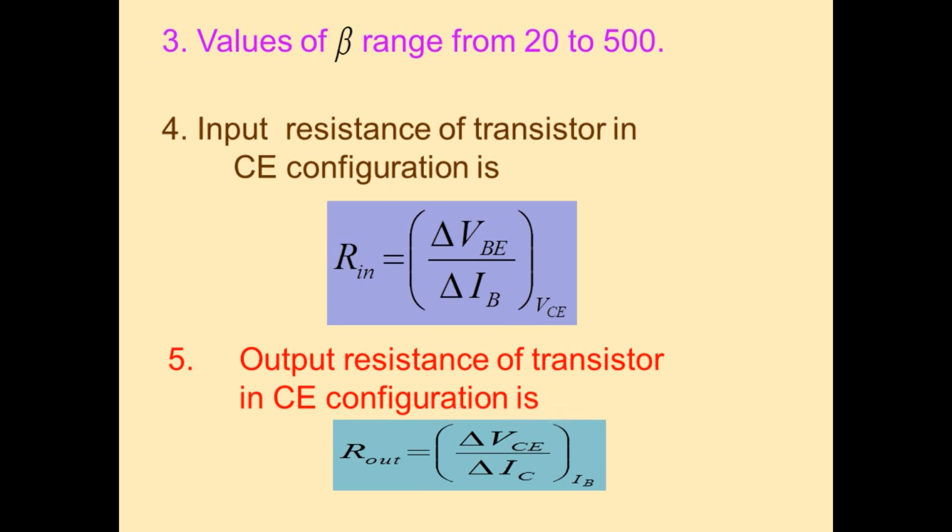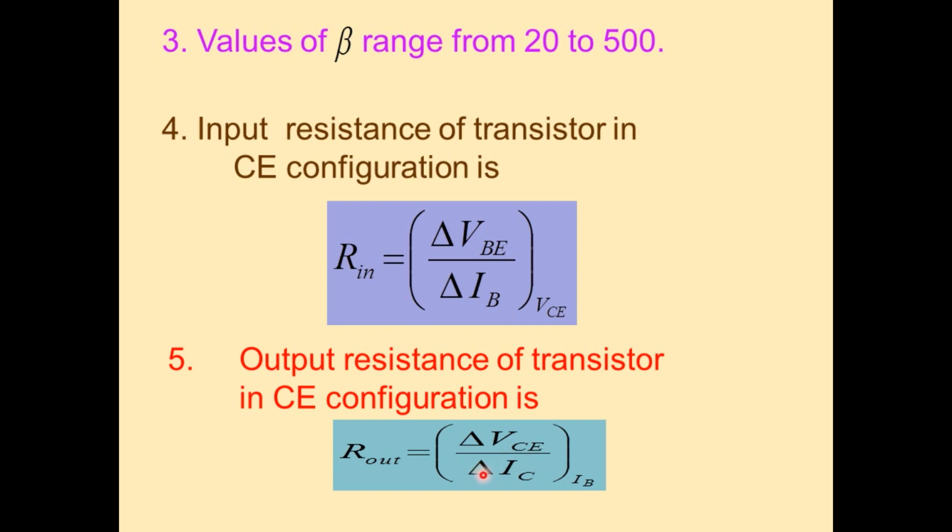Next, fifth one, output resistance of a transistor in common emitter configuration. So, output voltage is VCE and output current delta IC. The output resistance of a transistor can be measured when the input current is kept constant, that means IB kept constant.